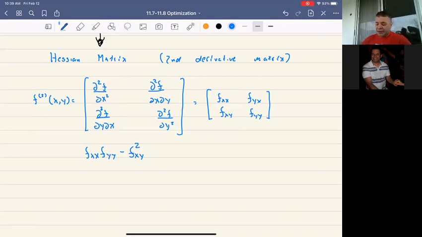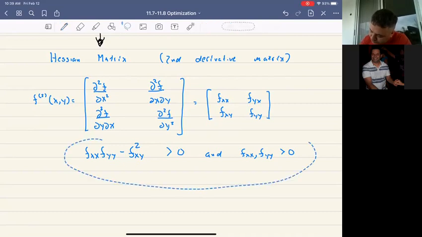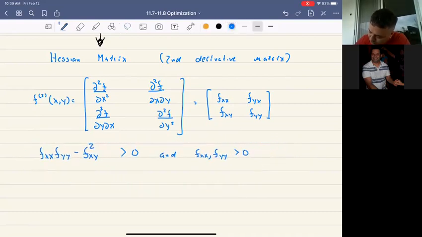Okay, so now this, if it's greater than 0 and those two things are both greater than 0, then we have a local min. I always have to remember, I think about y equals x squared as my example that has a local min, and the second derivative is 2.